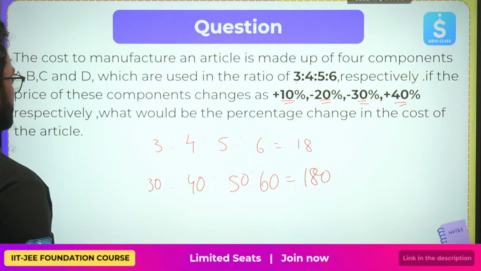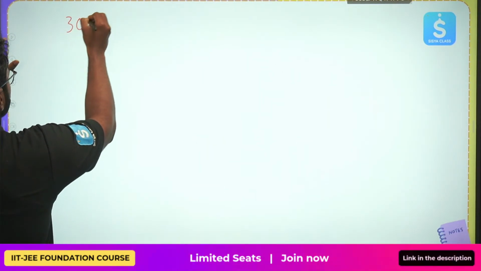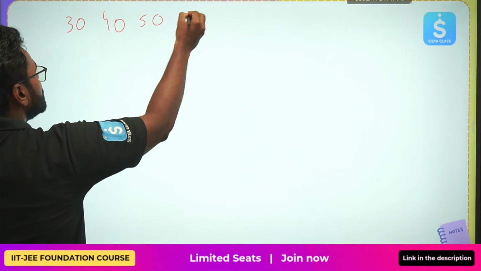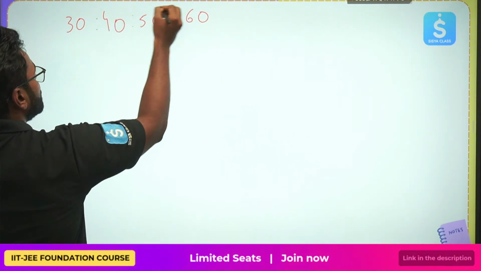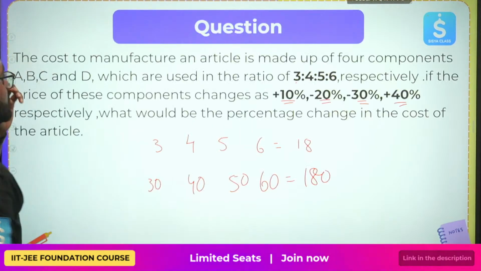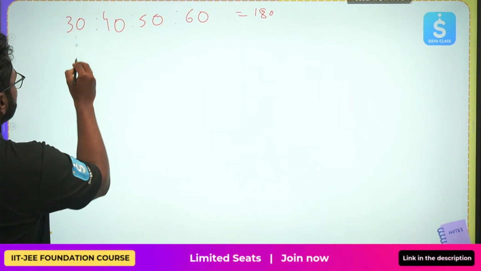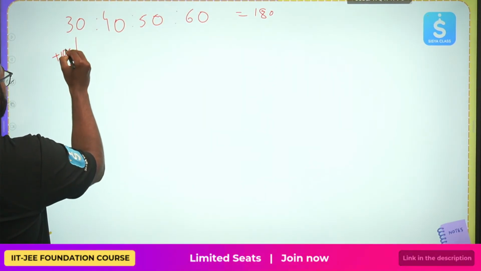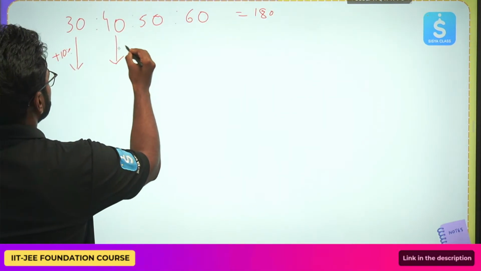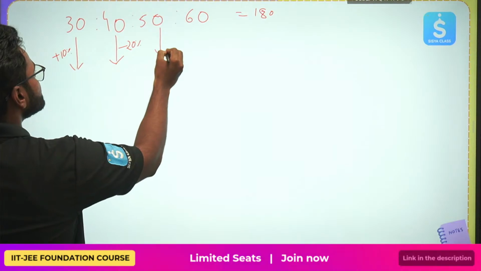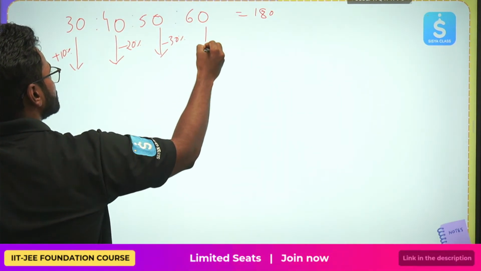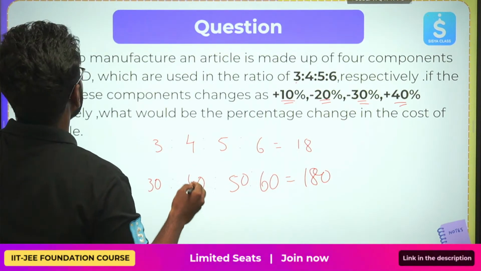Now, let us write it again and check. First one is getting increased by 10%, second one decreased by 20%, third one decreased by 30%, fourth one increased by 40%.